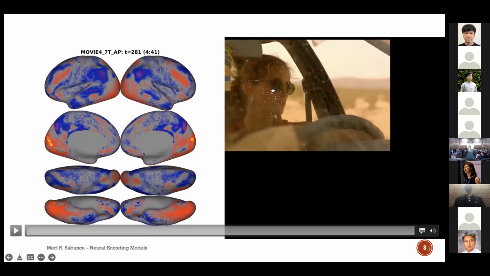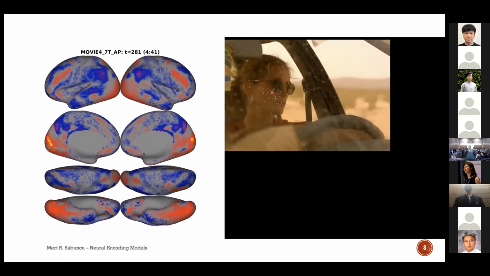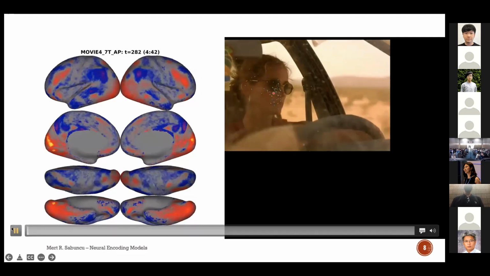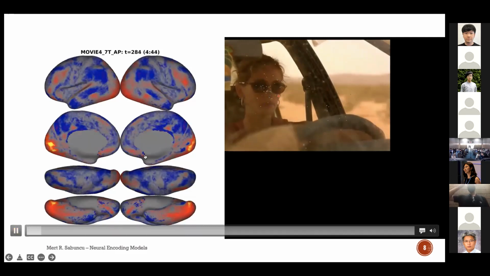And on the movie frame itself, you'll see a bunch of dots, and this movie was watched by a few hundred human subjects, and each dot corresponds to the eye gaze of that human subject, and the big circle will be average eye gaze data. So this is what the video looks like.